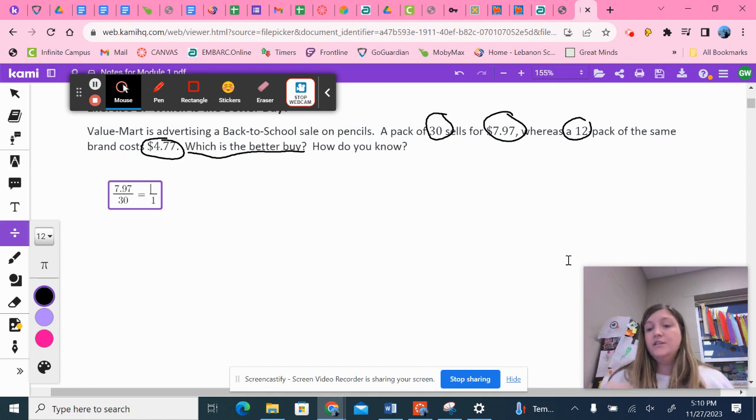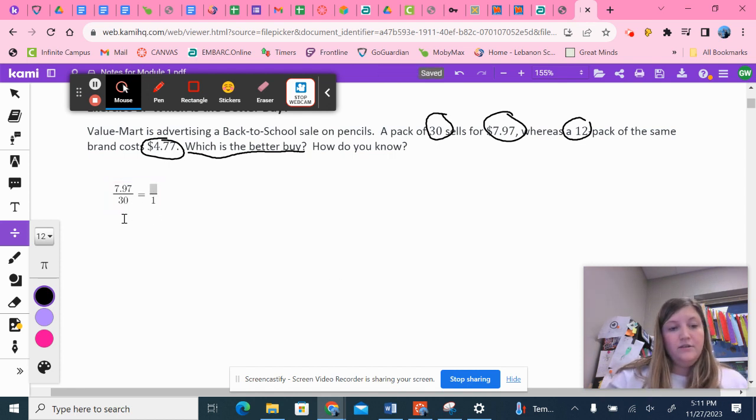So how would I get 30 to turn into a 1? Remember, because this is a fraction, we're not just adding and subtracting. We have to multiply or divide. So what can I multiply or divide 30 by to get to 1? Okay, you should have said divide by 30. Whatever we do to the bottom, we must do the top.